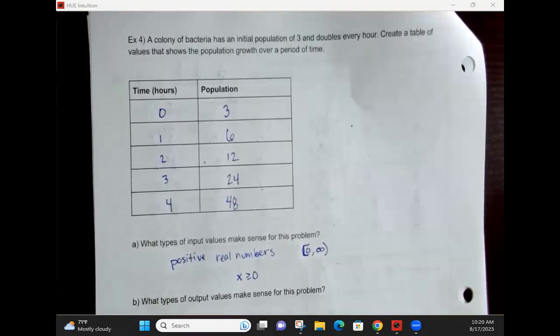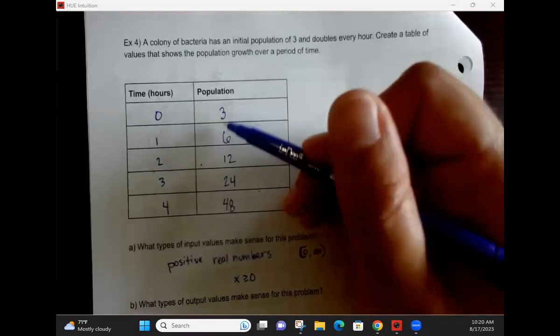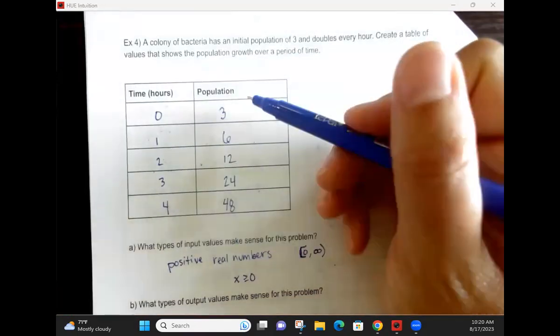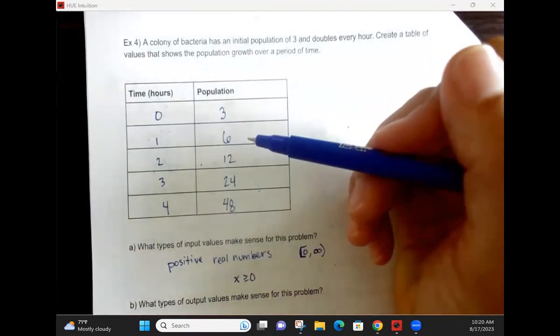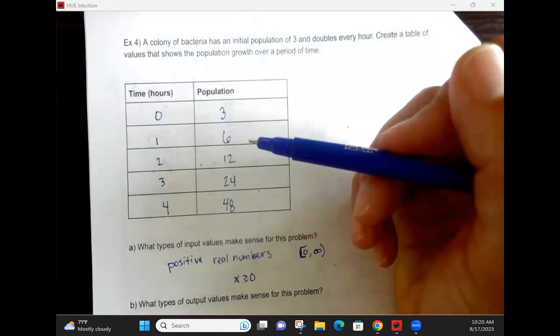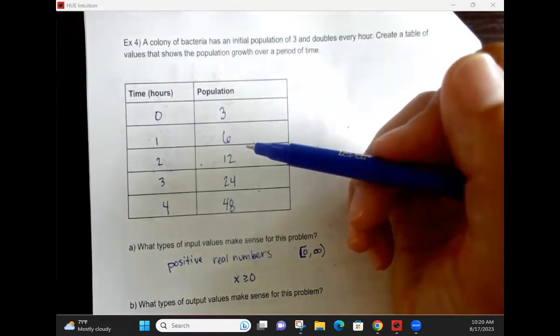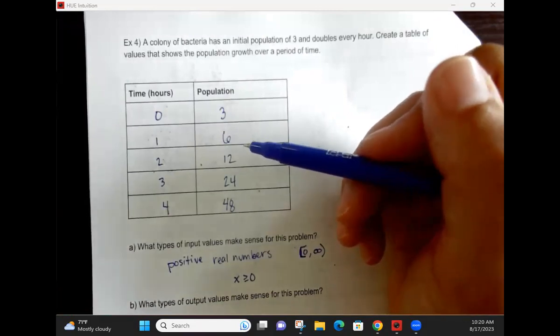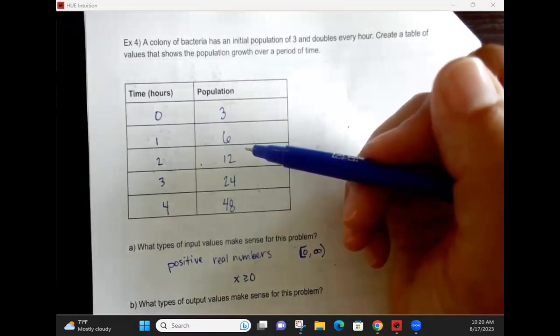How about output values? What kind of numbers am I going to get here? Positive real numbers. Is there a minimum I need to consider? 3, right? Positive real numbers greater than 3. And then I want you to think about the context of this one too.